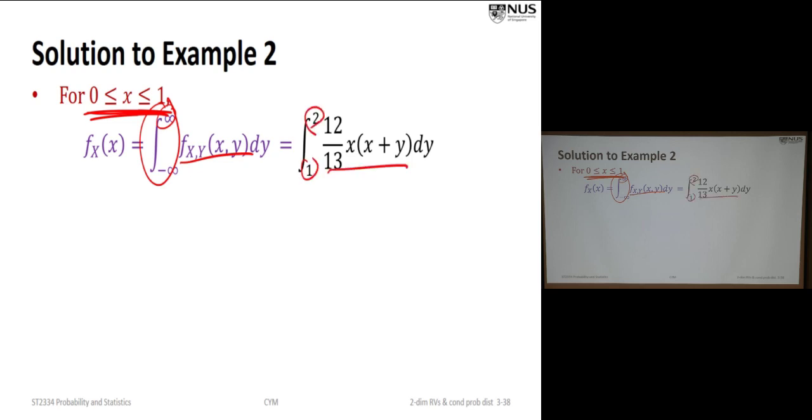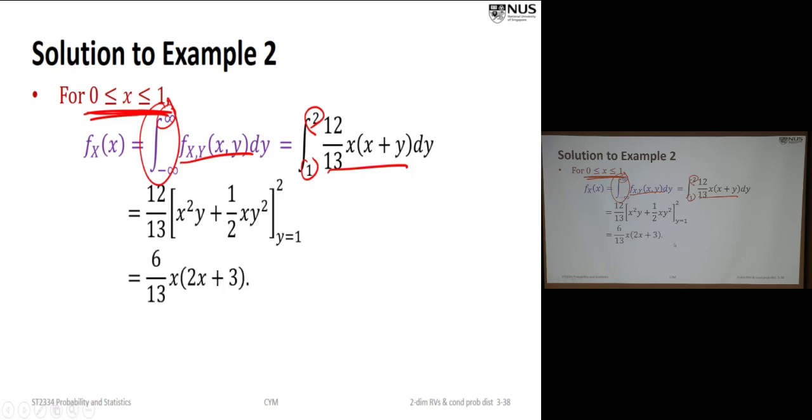Then the joint PDF equals this one, and we do this integration with respect to y. Therefore, x is treated as a constant. So we complete the integration, and this is the answer. So whenever x is between 0 and 1, the marginal distribution of x is given by this PDF.